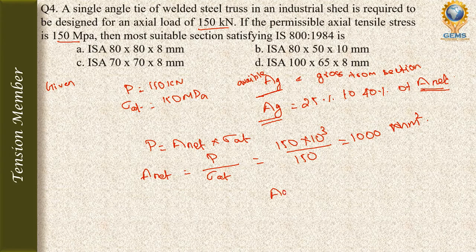And AG, we are assuming it as 25 percent more, that is 1.25 times 1000. It is 1250 mm square. So we have found the available gross area, and we have to find the gross area of the sections and choose which section is most suitable.